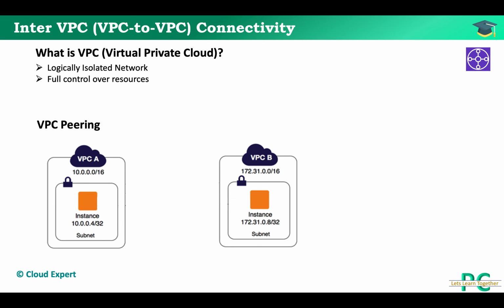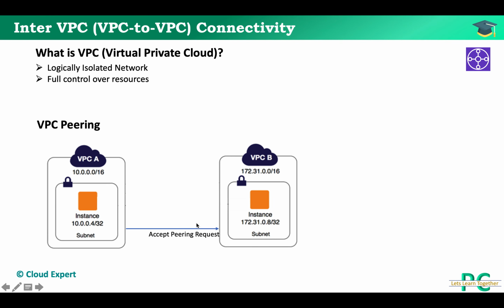Now, how do you establish the peering connection? Let's say in my example, I have two VPCs, VPC A and VPC B. So here you can see I have VPC A and VPC B, and I would like to connect VPC A and VPC B with a peering connection. First, I'll initiate the peering connection from VPC A to B, and then from VPC B I have to accept that connection.